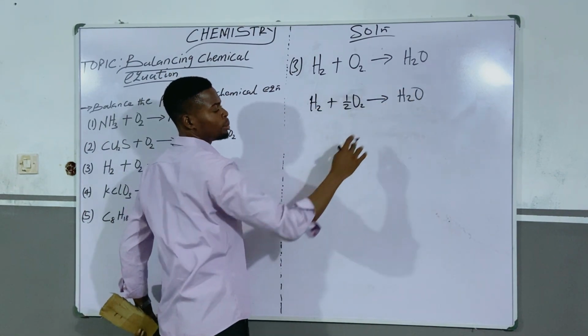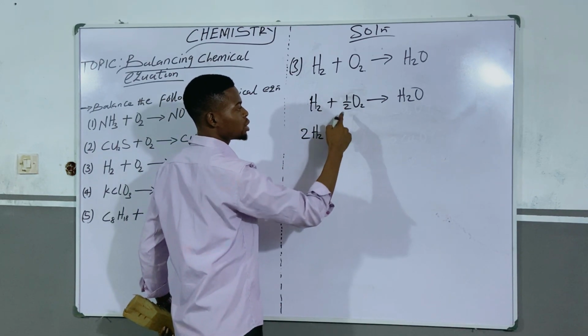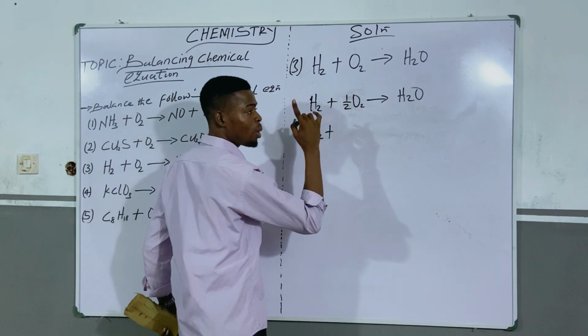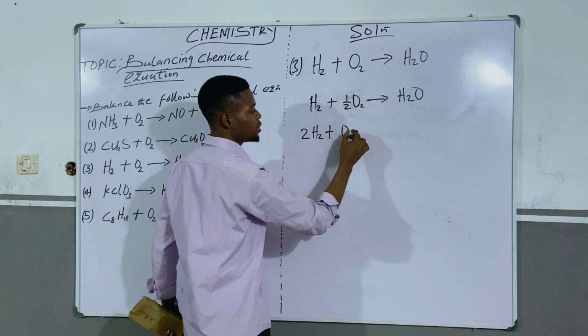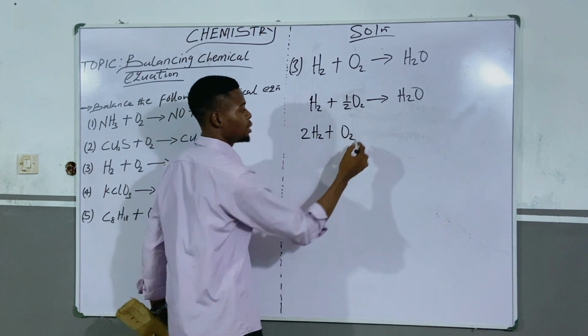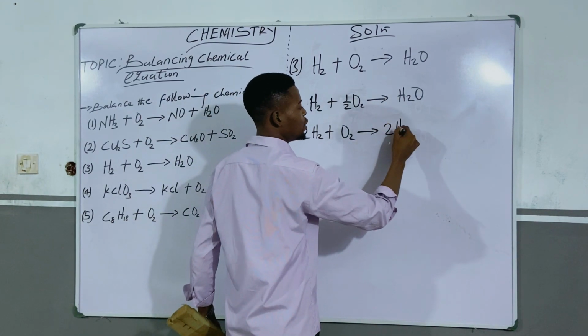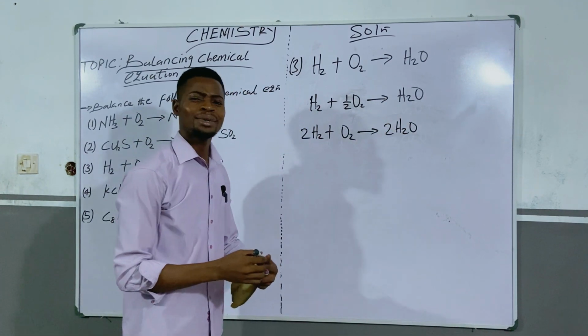We have 2H2 plus 2 multiplied by this will give you 1 oxygen, but you don't need to write the 1 there. Then 2 multiplied by this, we have 2H2O. Is that not simple?